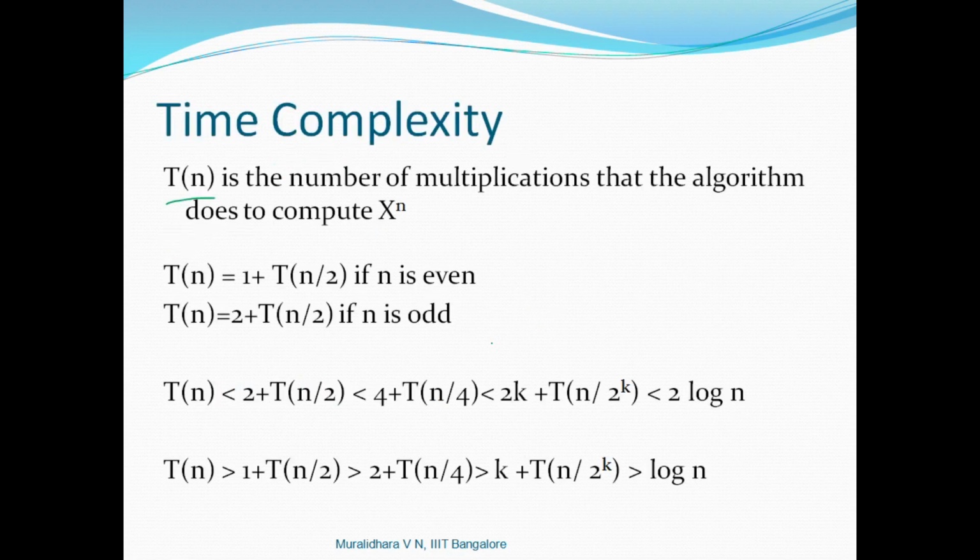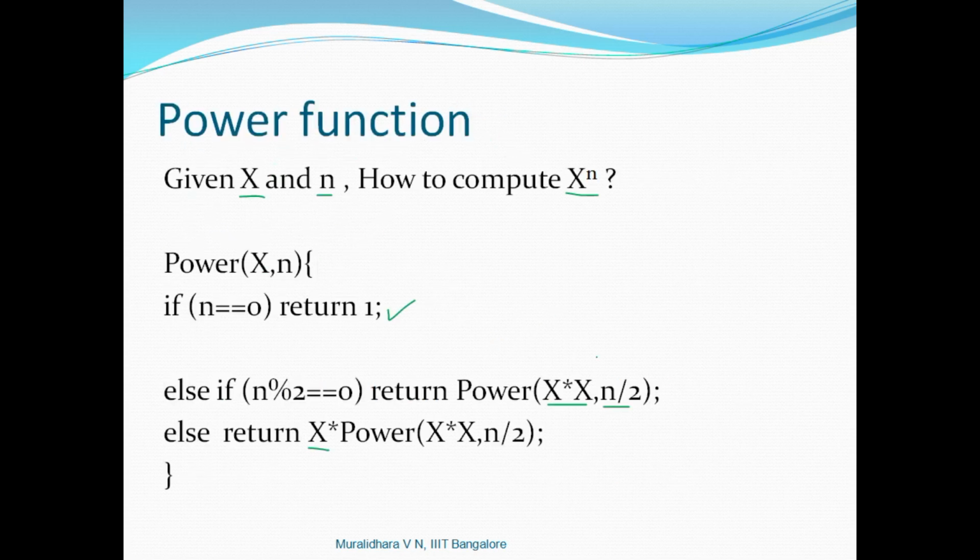So if T of n is defined as the number of multiplications that this algorithm does to compute x to the power n, then we can see that T of n will be 1 plus T of n by 2 if n is even, because in this case you only do one multiplication here. If it is an odd number, then you first multiply x square. Whatever result you get, you will have to multiply with x.